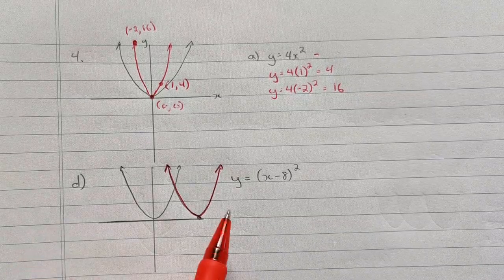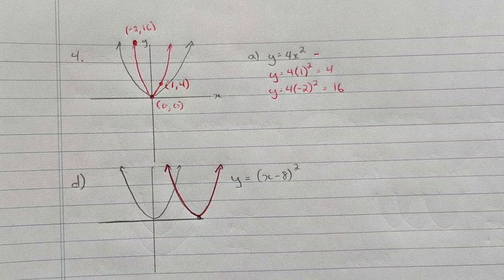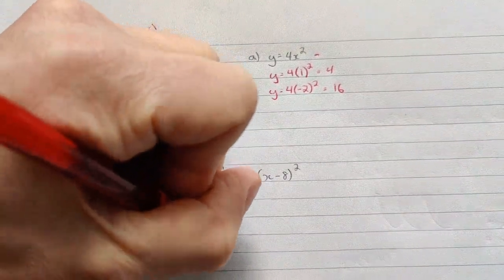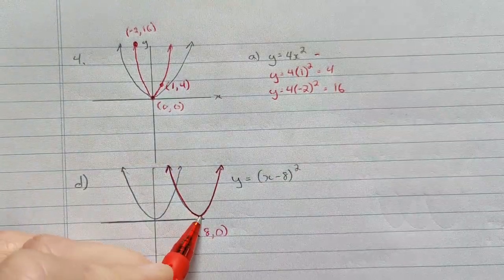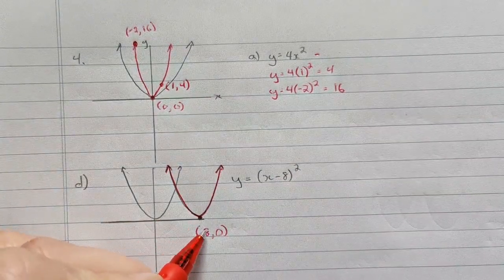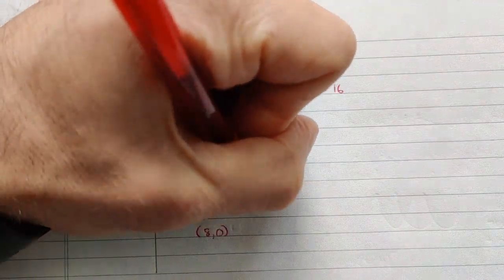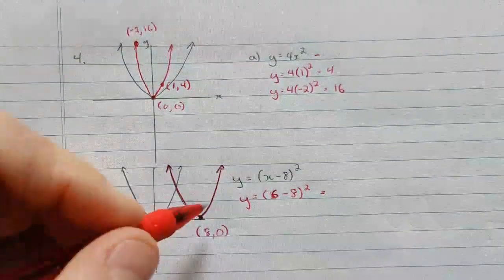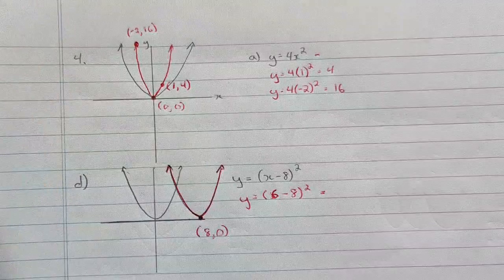And find 2 other points. Another point, x equals 6. The y value for 6 is 8.